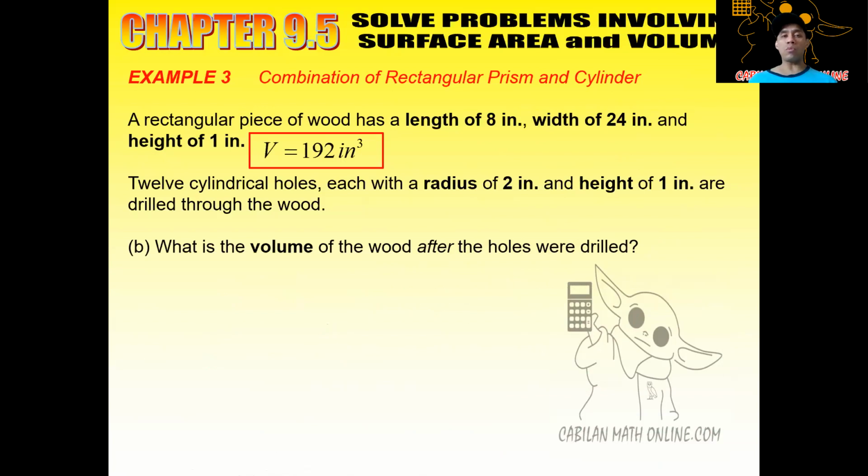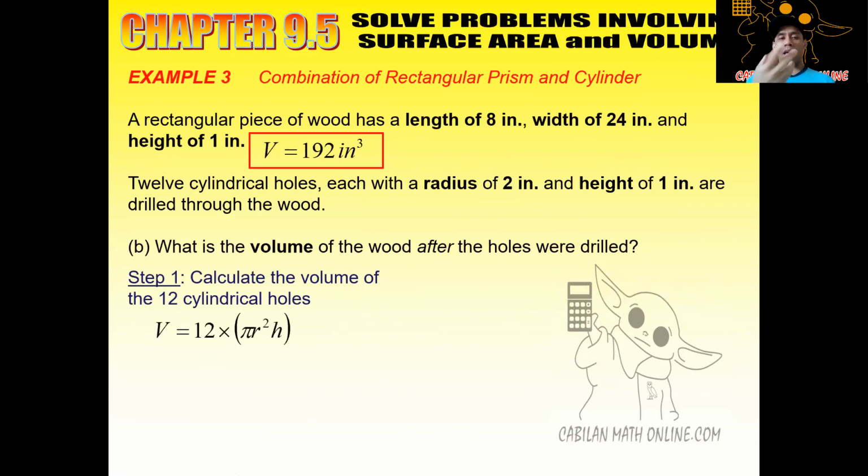So what we have to do here is use the formula for the volume of a cylinder, which is pi r squared h, and then multiply it by 12 like this. And the easiest way to do it is to set this up accordingly and put the numbers in. So we know that the radius here is 2, and the height here is 1. And all we're going to do there is replace those numbers in for the correct variables here.